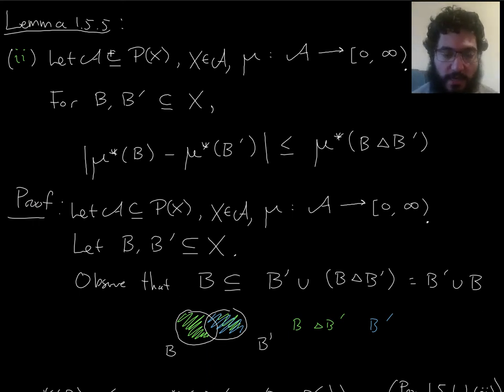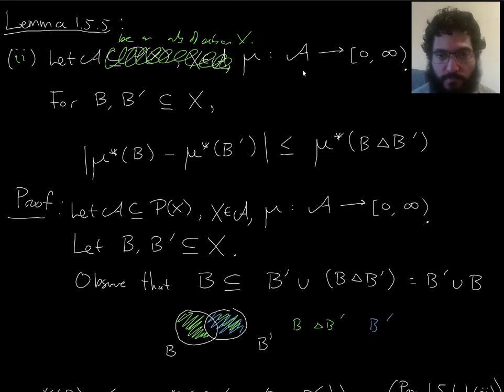So let's say that A is actually an algebra of sets on X. So let A be an algebra of sets on X. And then let's assume that, maybe it's confusing to call it mu again, but let me call it nu. Let's say nu is a function and it's additive. So an additive function on an algebra of sets.